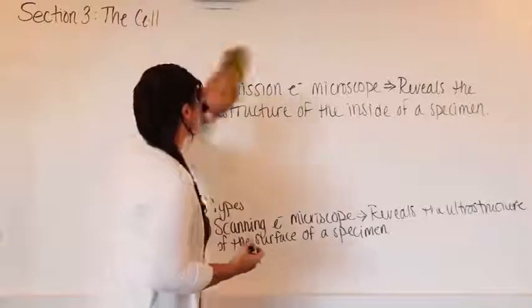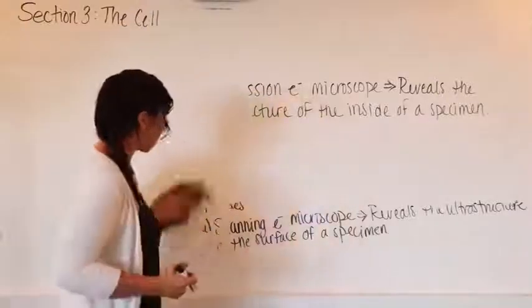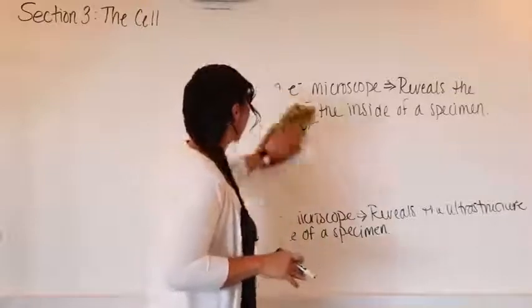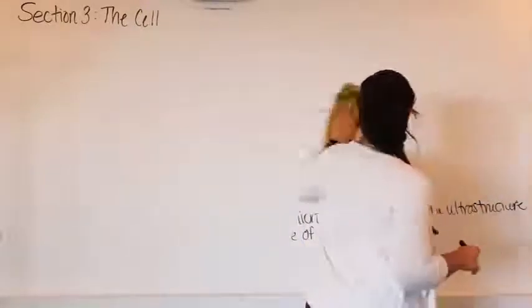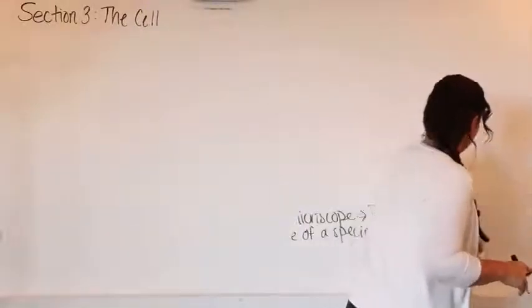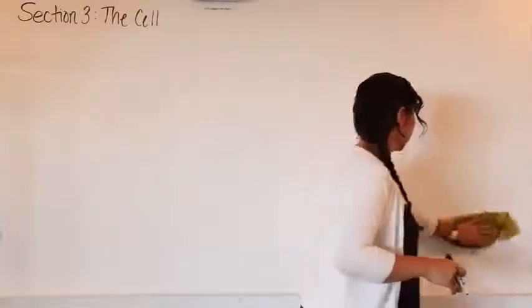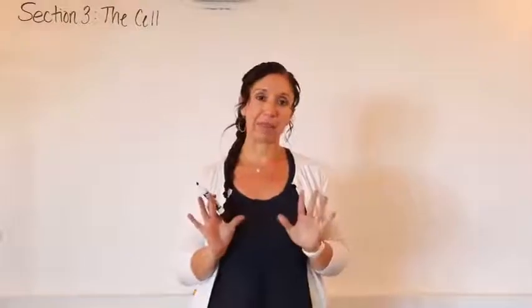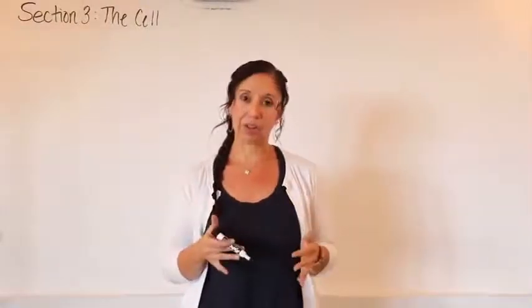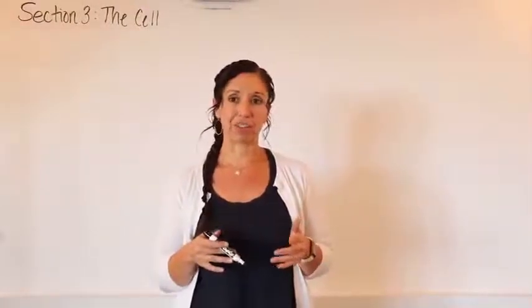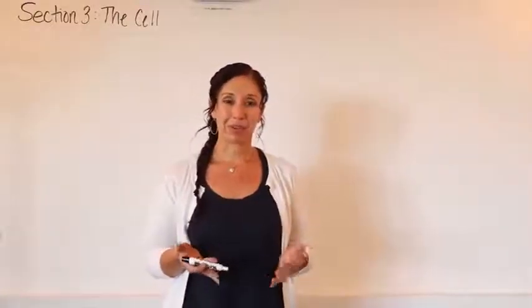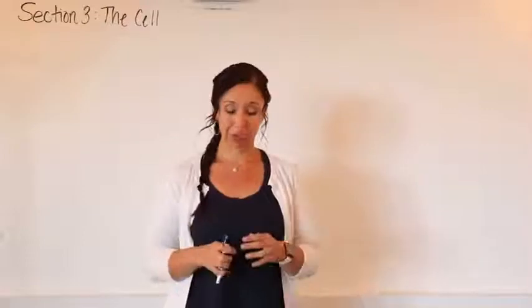So that's it for microscopes. And now that we know how microscopes are studied, how cells are studied, let's talk about the cell. And I am going to actually save that for our next video because I want you guys to take a moment to go ahead and download that PowerPoint slide presentation and just check out the different images you can find using microscopes, depending if it's a light microscope or electron microscope.